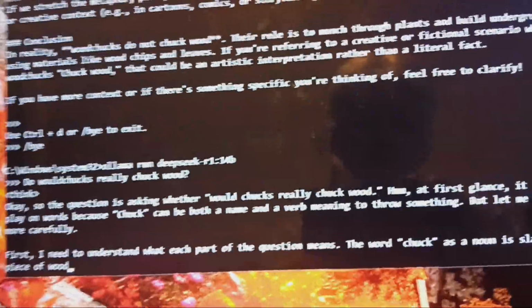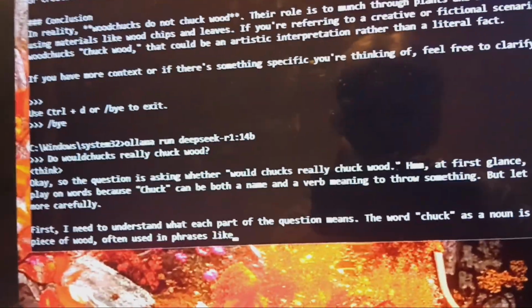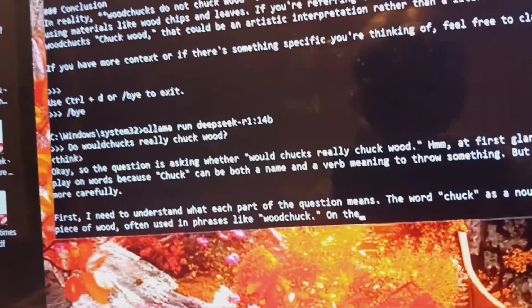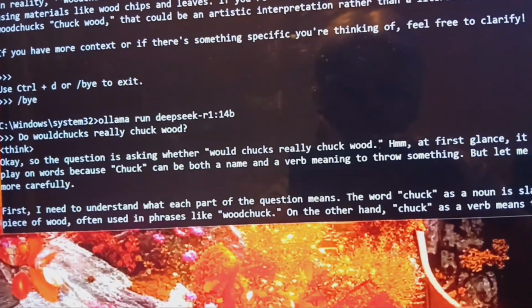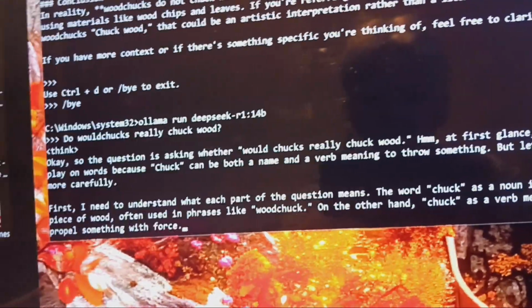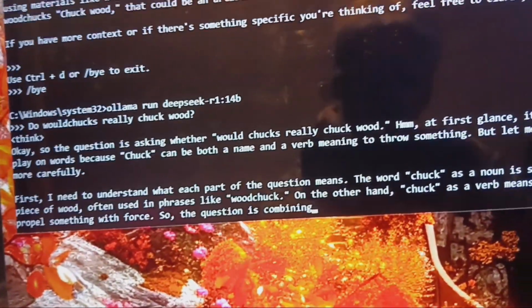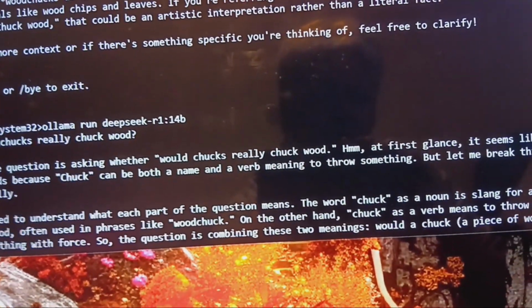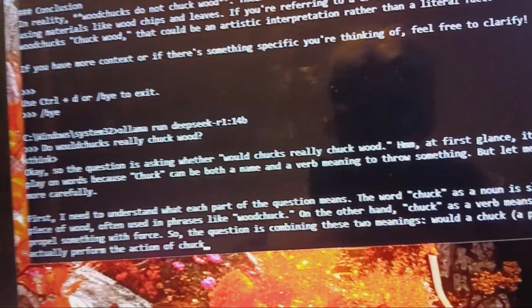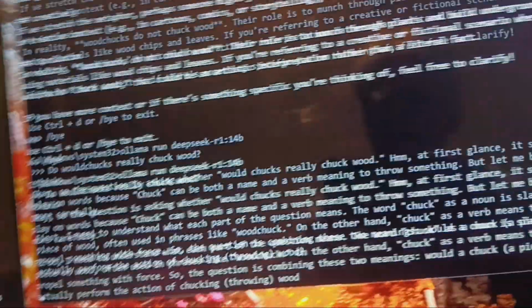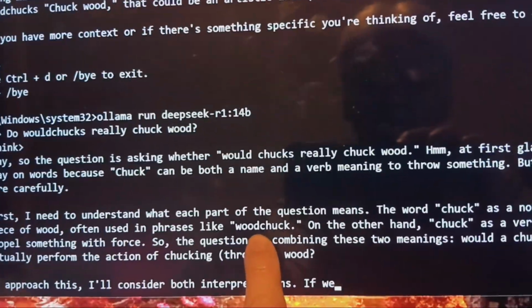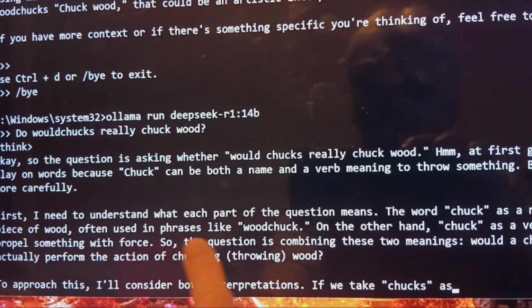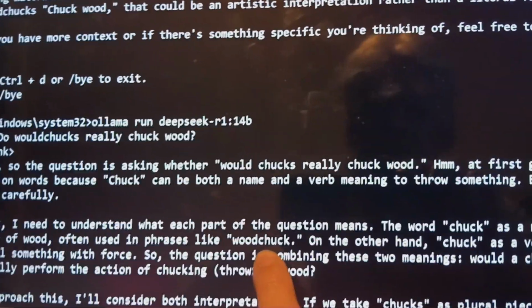Now, the other one couldn't without me misspelling it again and then telling it that I misspelled it. Let's see if this model, which is, again, DeepSeek R1, but this is a much bigger copy of the model. So look, it figured it out, often used in phrases like woodchuck.